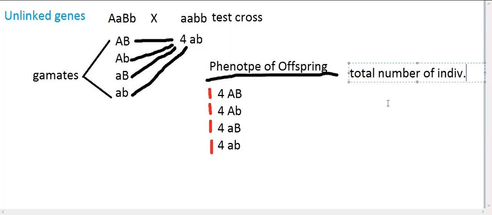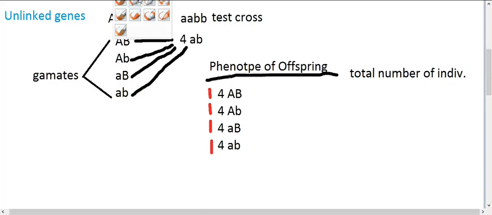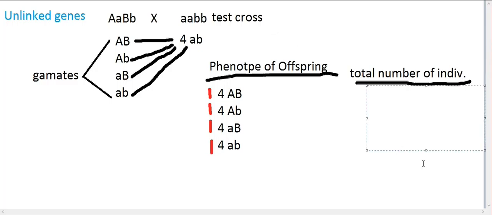The total number of individuals in here is going to be representative of these phenotypes.